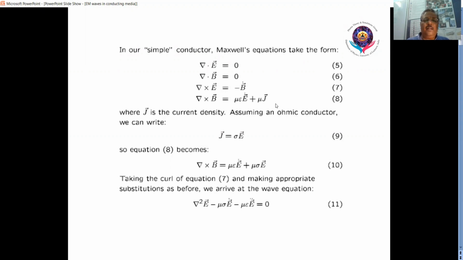And we again take the curl of equation 7 and substitute the value of curl B from equation 8. We arrive at a second order equation having both the space and the time varying operators.